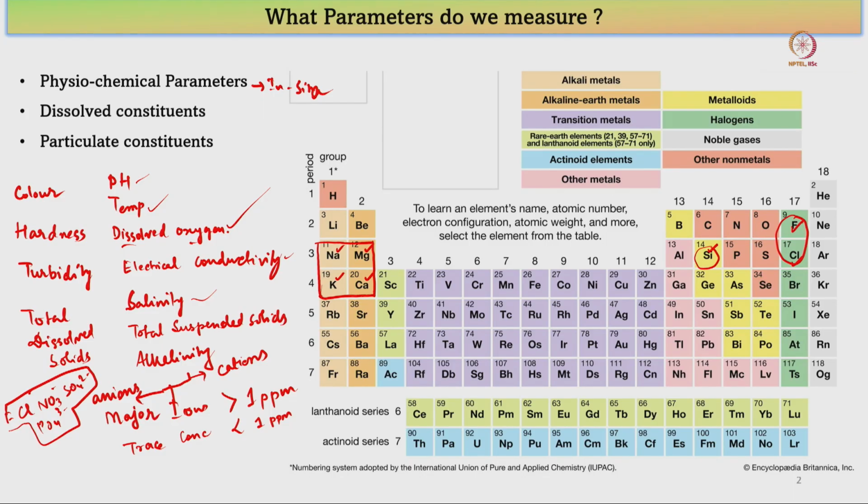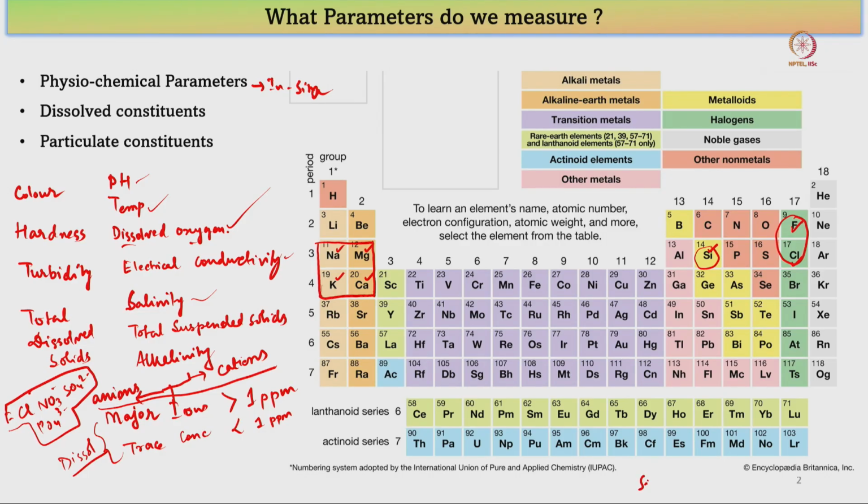So, such divisions can be made just by analysis of the cations and anions in the water, and I am talking only about the dissolved water. Okay, what is there in the dissolved phase, not in the particulate phase.